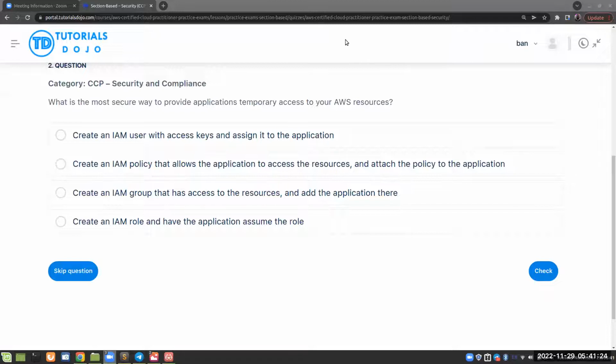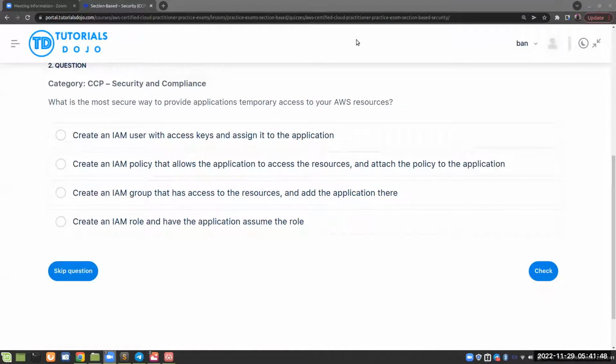I think 2 and 3. You have A, B, C, D. Which one is that? C. D. B. Yeah.